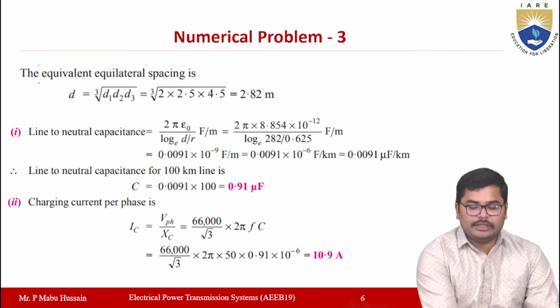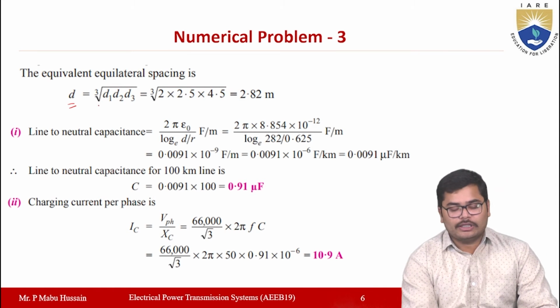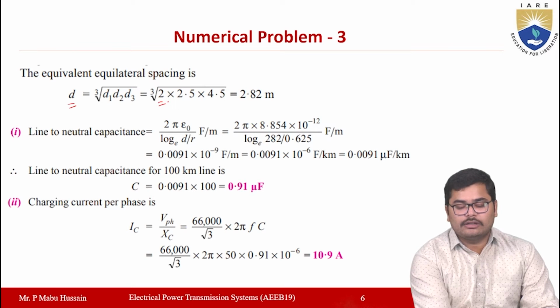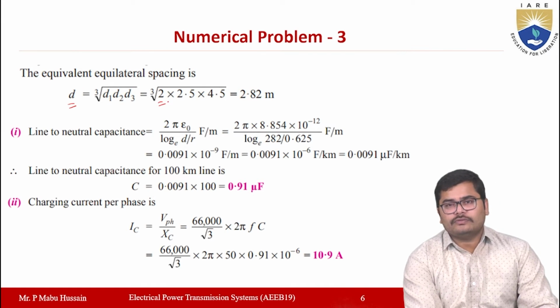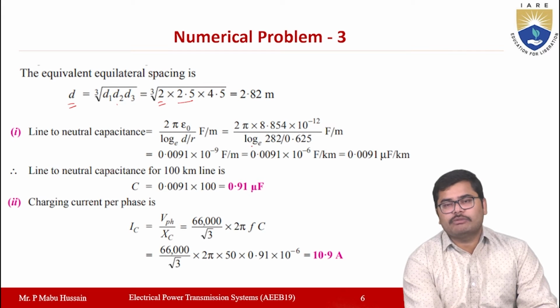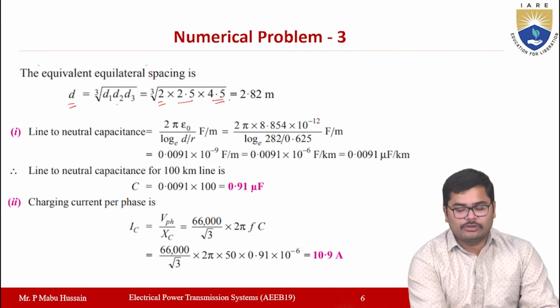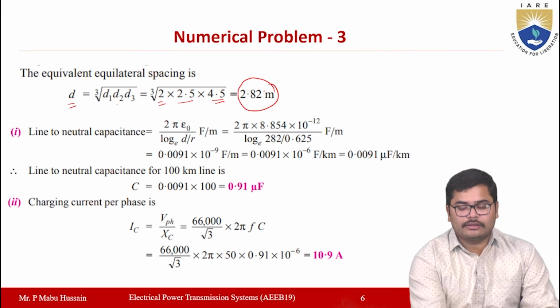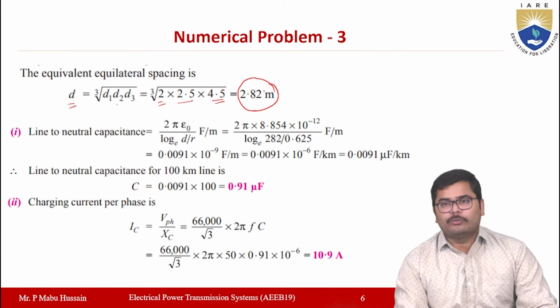The D equivalent is simply called D here. That value is the cube root of D1, D2, D3, where D1 is the distance between conductors 1 and 2, which is 2 meters; D2 is the distance between conductors 2 and 3, which is 2.5; and D3 is the distance between conductors 3 and 1, which is 4.5. If you calculate this, you get 2.82 meters.